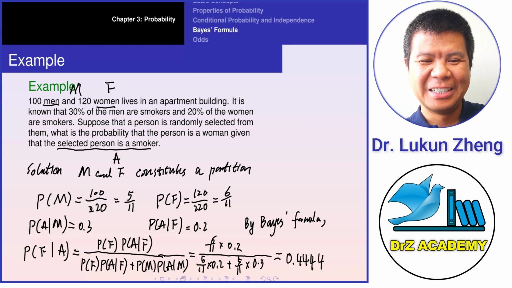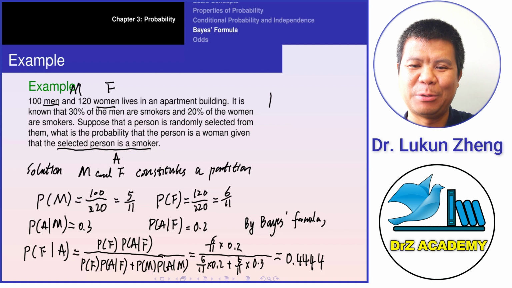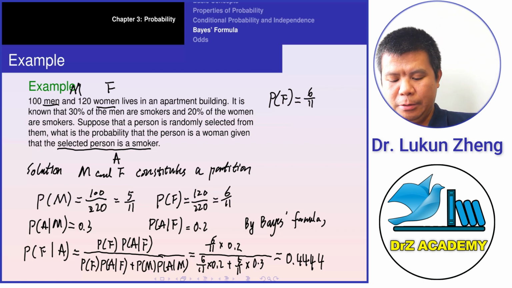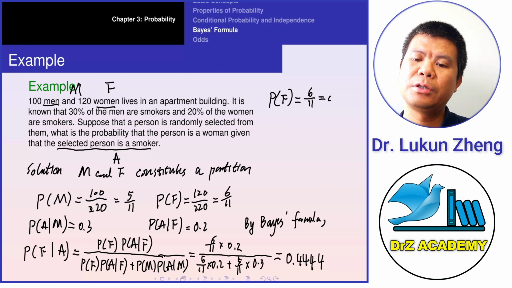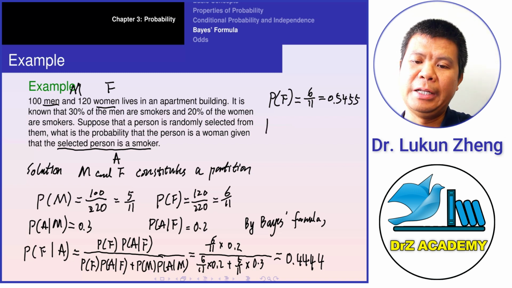So that's the conditional probability. Now you can see that the prior probability of being a female is 6 over 11, which in decimal is 0.5455.